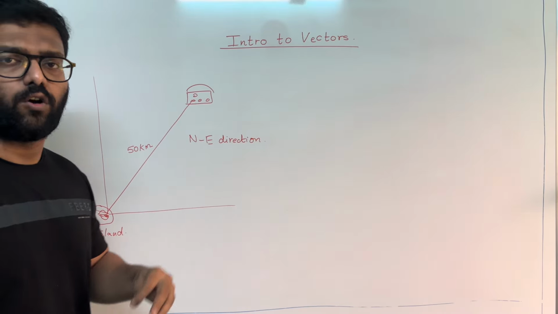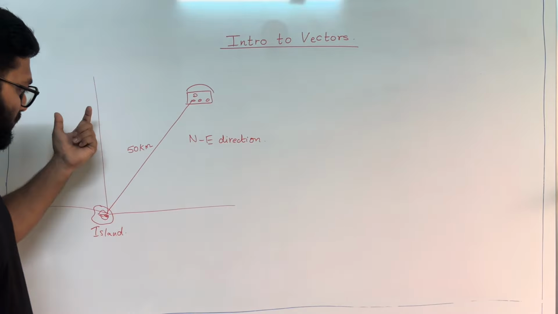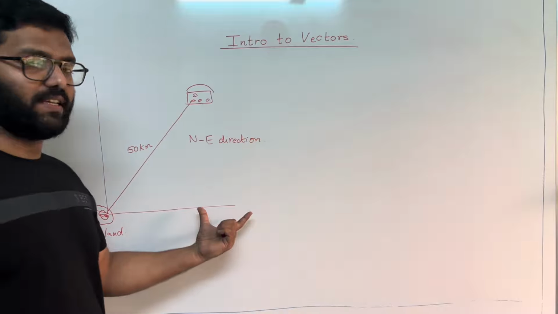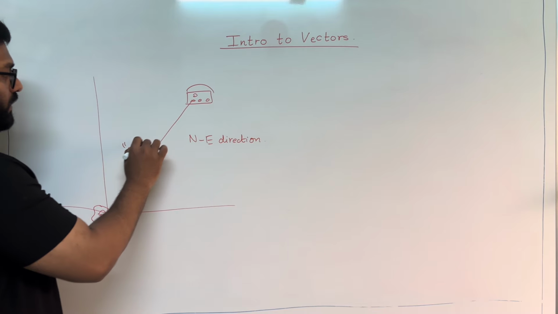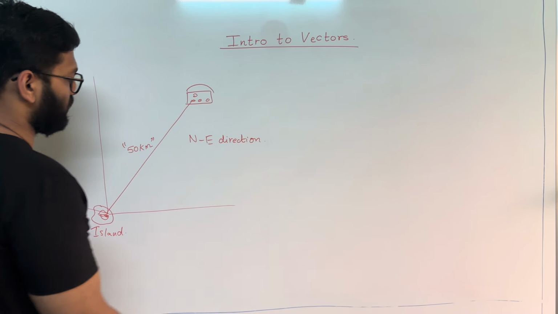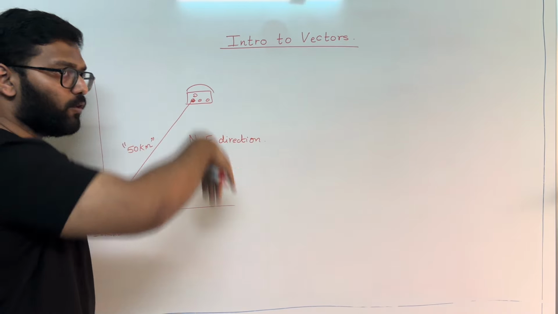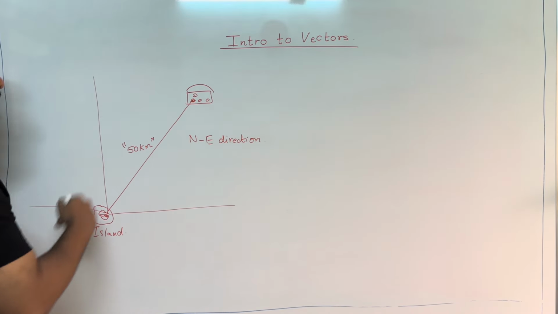Here also he will not find the treasure. So these directions are of no use, right? But yes, 50 kilometers he can go. Along with 50 kilometers, if he knows the northeast direction, he can go 50 kilometers in this direction, go below the surface of the ocean and find the treasure. Yes, he can do that.